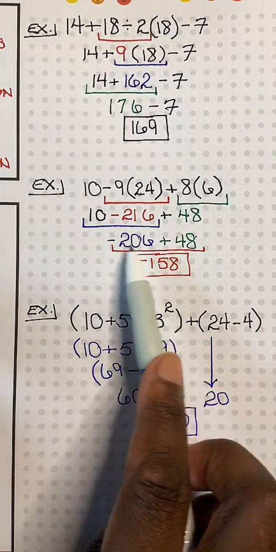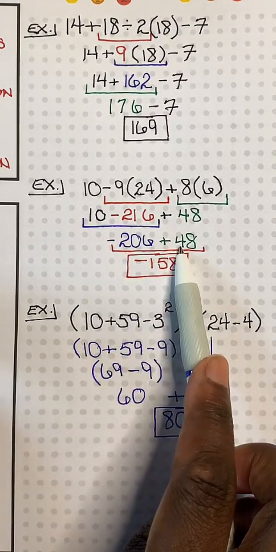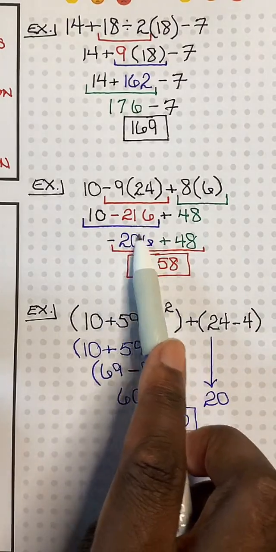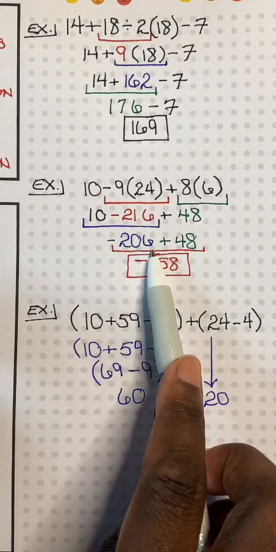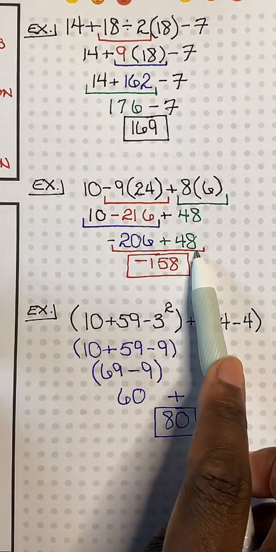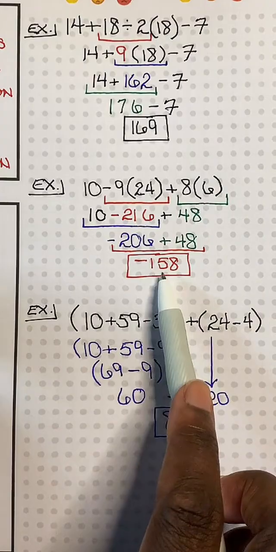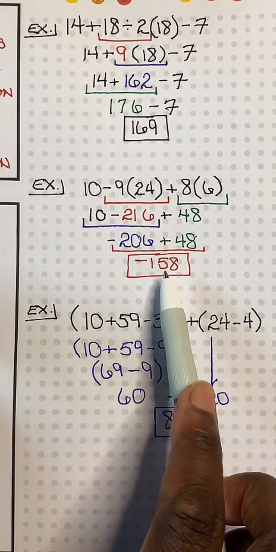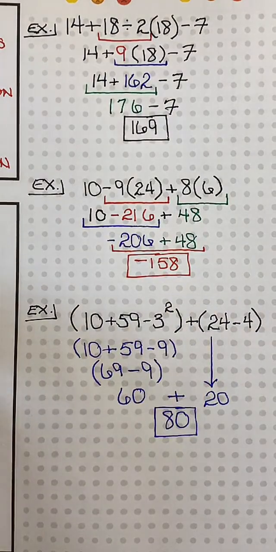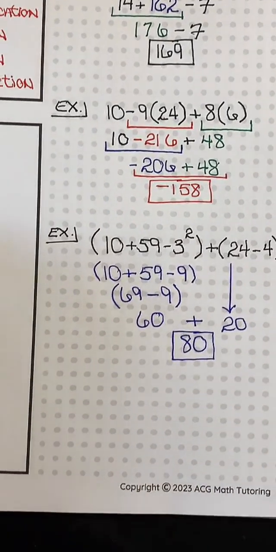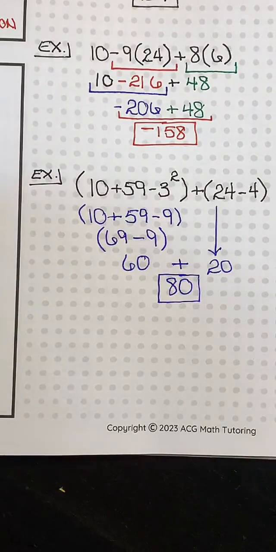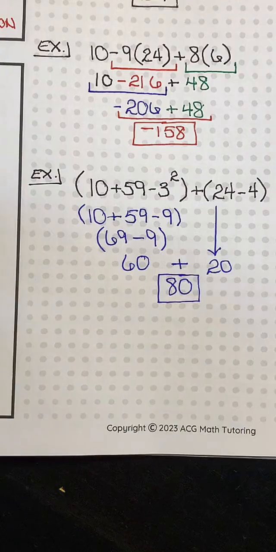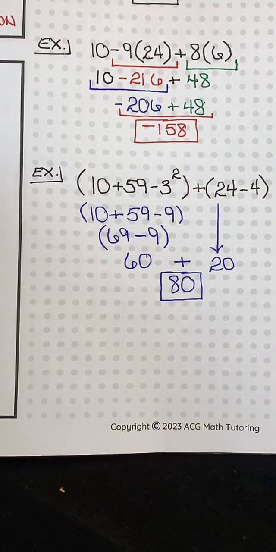When the signs are opposites, you're really subtracting and you're keeping the sign of the larger number. Think about it. You owe me $206. This time you paid me $48, but you still owe me $158. Okay? So I'm not using variables this one. If you want that, that is going to be through the advanced, the deep dives that I do on the weekends. All right, let's try another one.